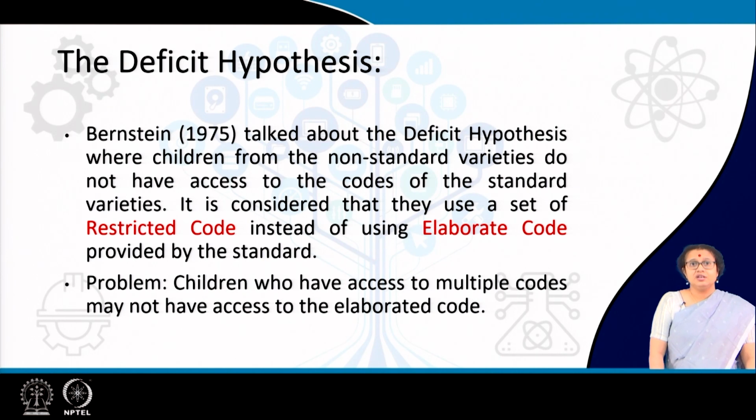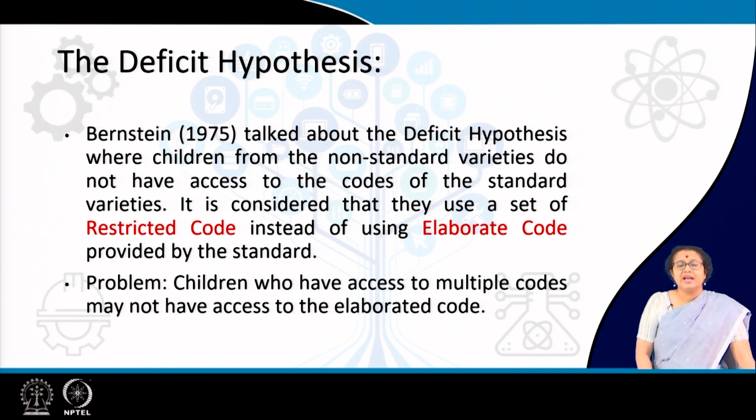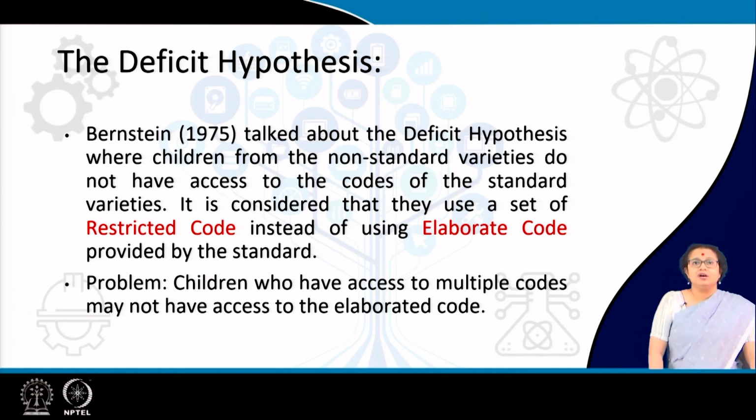It said that children who speak the non-standard varieties do not have access to the codes of standard varieties at times, and it is considered that the non-standard speaking children use a set of codes which is termed as restricted code, and there is something called elaborated code which is actually provided by the standard. So, the difference between restricted code and elaborated code can be incorporated when we talk about language varieties.